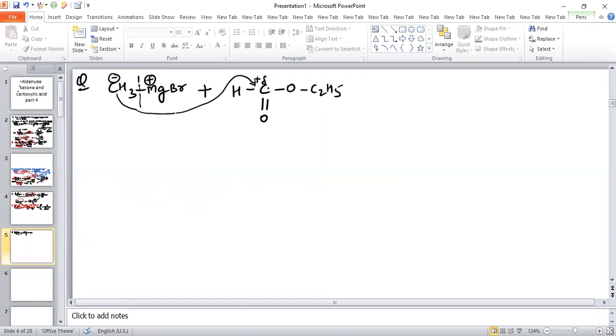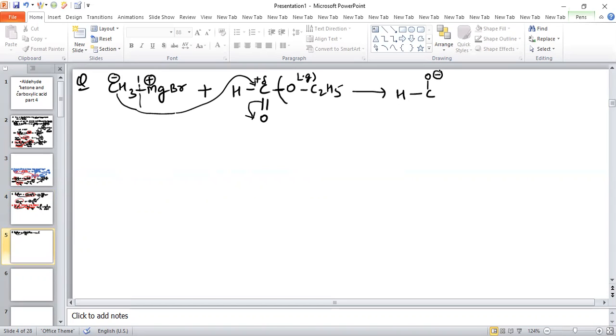Now this CH3 minus will attack on this carbon. So when this attacks on this carbon, this leaving group will be removed. So it will form HC, because 5 bonds will be formed in this case, and this pi bond shifts on the oxygen atom.